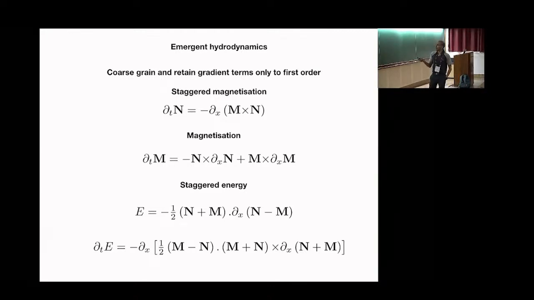The magnetization to lowest order in the gradients has this particular form. Similarly, the staggered energy, the pseudo energy, which is conserved, has this coarse grained form, and it also has a conservation law, as it should. So this is what we get for this model when we coarse grain and keep terms to lowest order in the gradients.